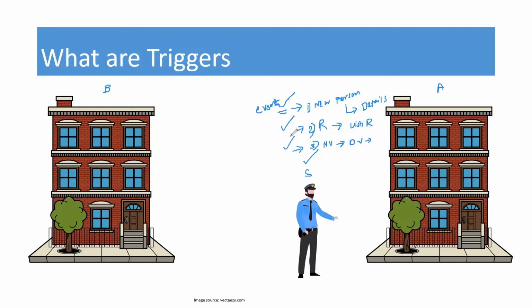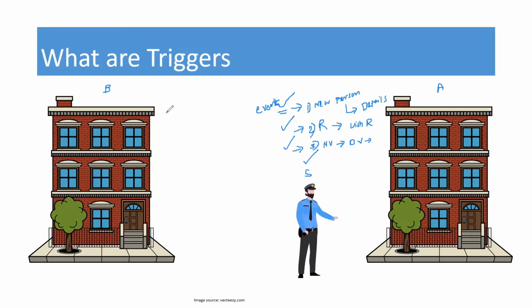He will go there, do a quick screening of that vehicle, and only then allow that vehicle to enter into the building. So if you see here, a new vehicle entering is an event, a trigger, and an action to that is checking or screening that vehicle so that there is nothing inside it that might cause harm to the building's people.